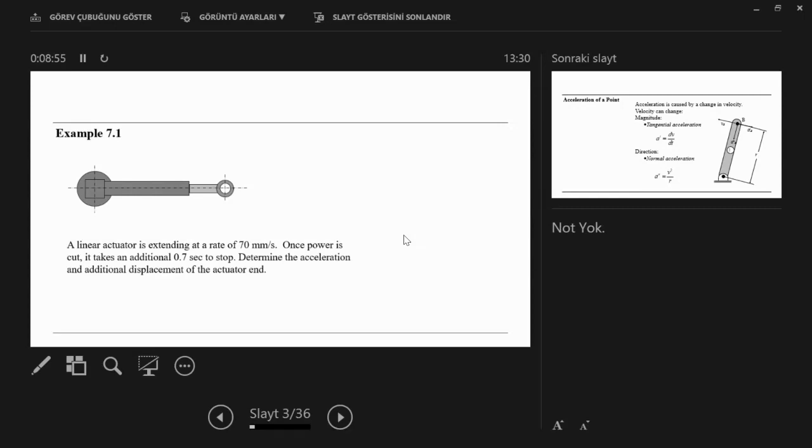So the acceleration a is equal to delta V over delta T, that is V final minus V initial over delta T. The final is 0, initial is 70, so a is equal to minus 70 millimeter per second over 0.7 second. And this is equal to, sorry?